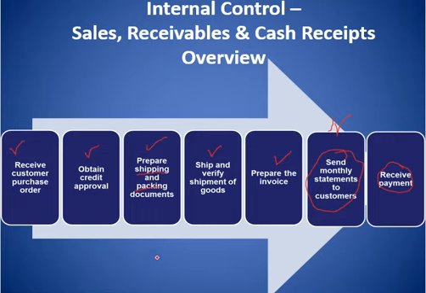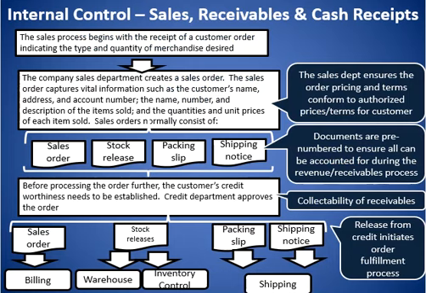Now we're going to go on to document flowcharts, and these document flowcharts can look kind of complex. What these document flowcharts do is depict the flow of documents, and also they can depict the flow of controls, in this case, the sales receivables and cash receipts process.